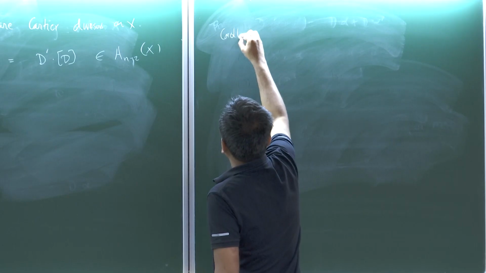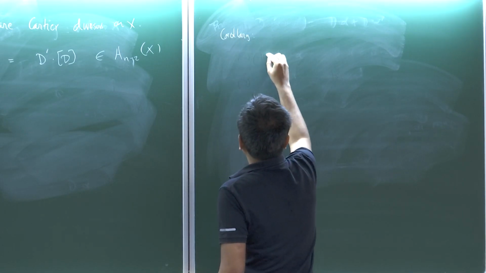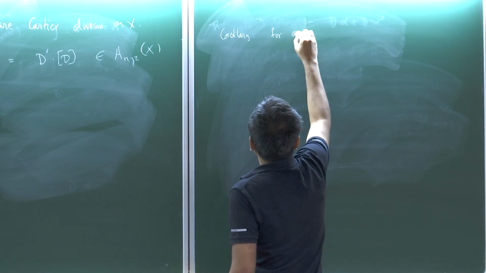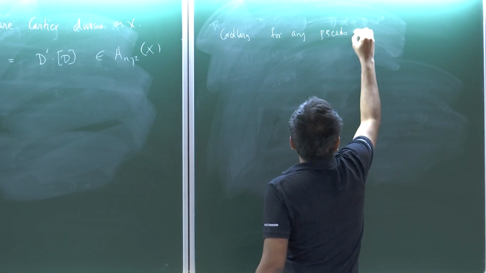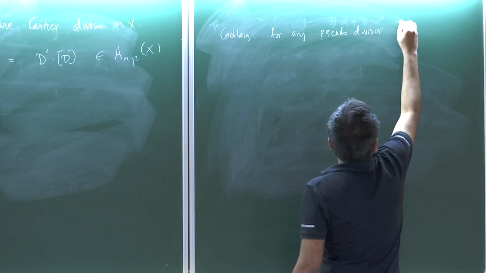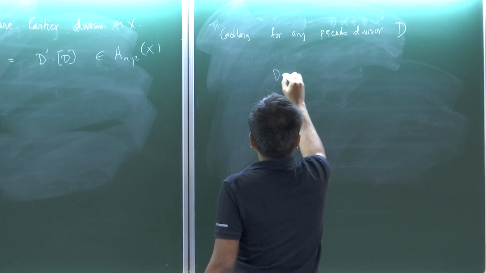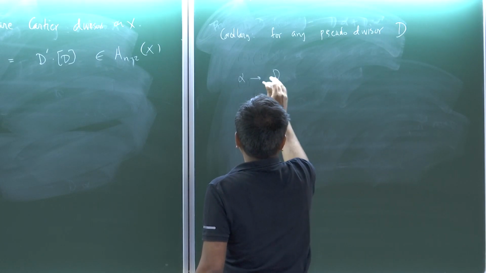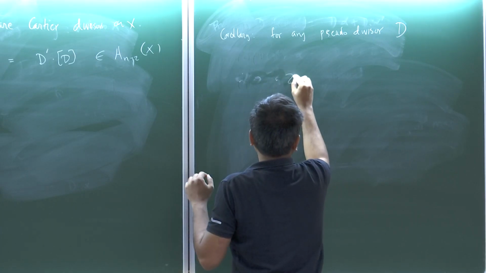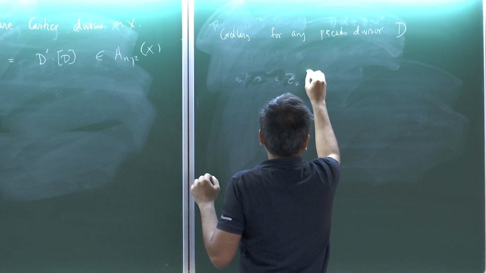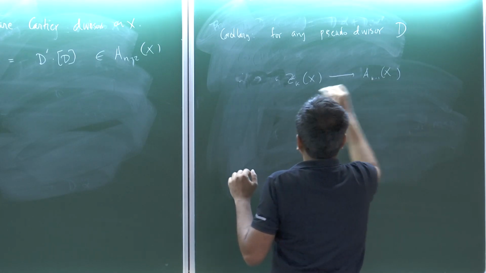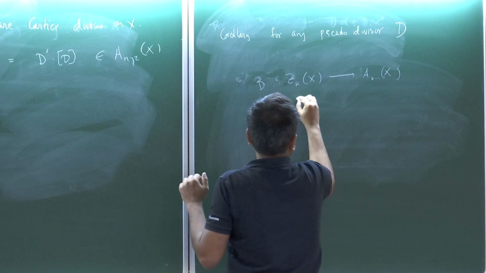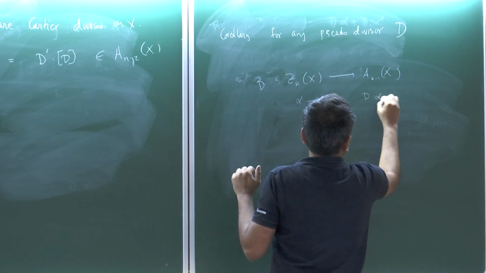But even right now, here is the corollary. For any pseudo divisor D, we had a map from Z_k(X) to A_{k-1}(X), where alpha goes to D dot alpha.